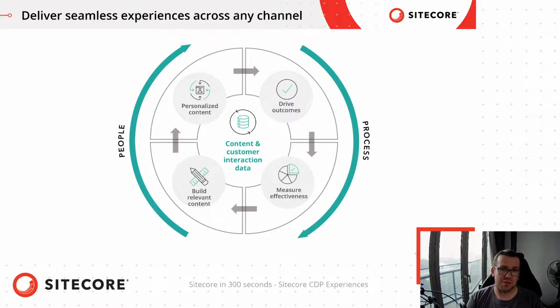So you can do this, for example, with a CDP, a customer data platform, which enables you to build a 360 view of your customer, which helps you to really understand your customer, and it also helps you to connect all of your channels to deliver a seamless experience across those channels.